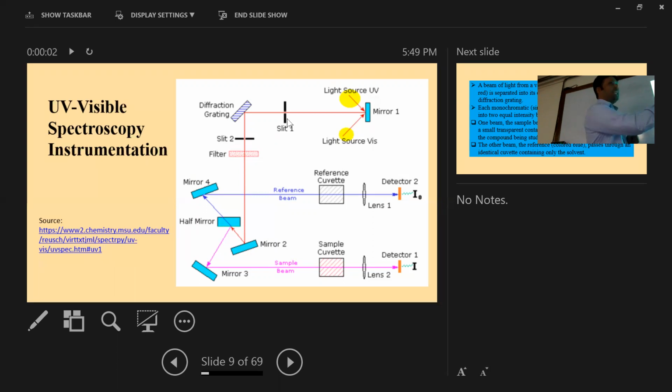This is another slit. That means if we have several bands here, and you put a single slit here, only one wavelength will penetrate through this slit. Possible?